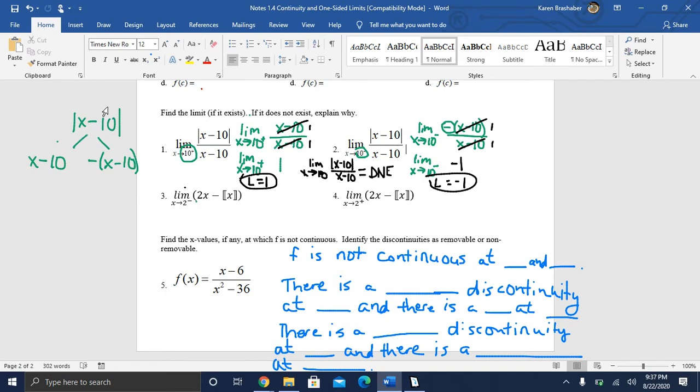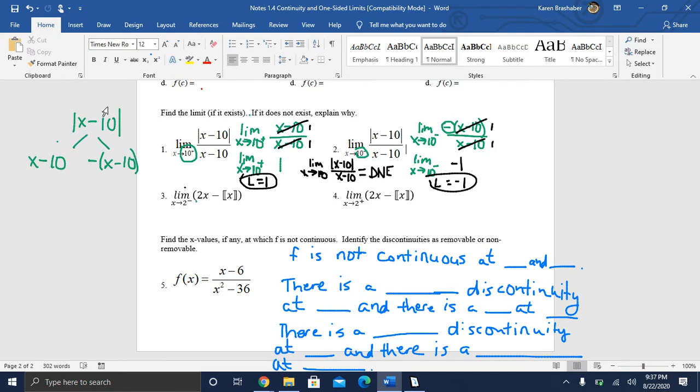And then our second set of problems that I'd like to look at, numbers 3 and 4, have to do with greatest integer functions. Now, there's no algebraic way to look at greatest integer functions. These limits have to be investigated using numerical values, using a table.